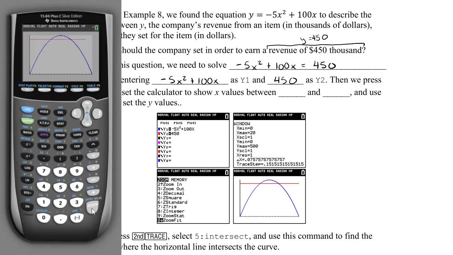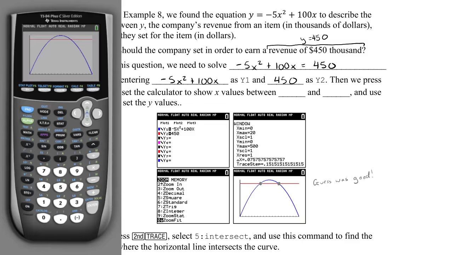There's my parabola, and there's my straight line. Looking at my screen, I see both points of intersection, so my guess was good.